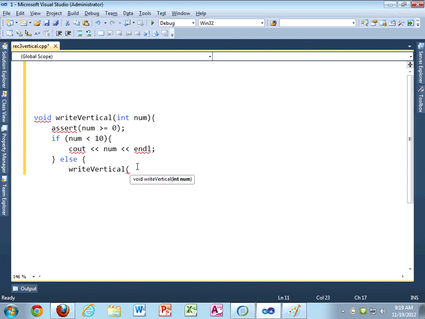Does that make sense? So what I'm saying is, write the first n-1 digits vertically, right? And we can do that by calling the write vertical function. And then write the last digit.